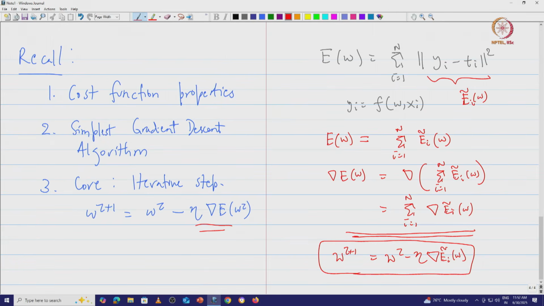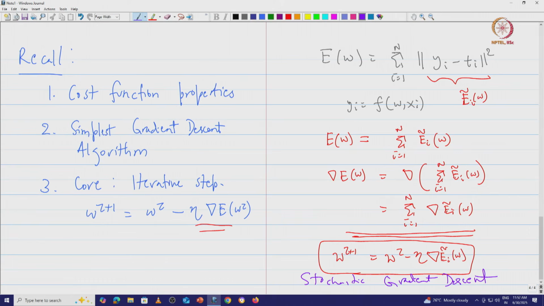Because we are randomly picking a particular training sample and approximating the overall gradient of the cost function, stochasticity, or randomness, has been introduced, and therefore this is what is popularly called the stochastic gradient descent algorithm.